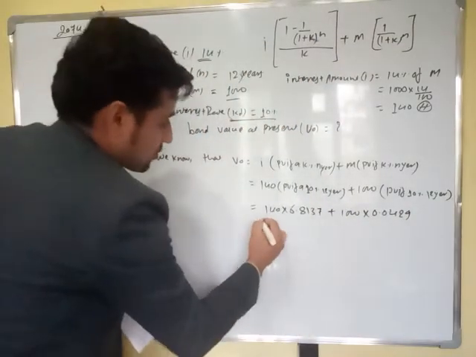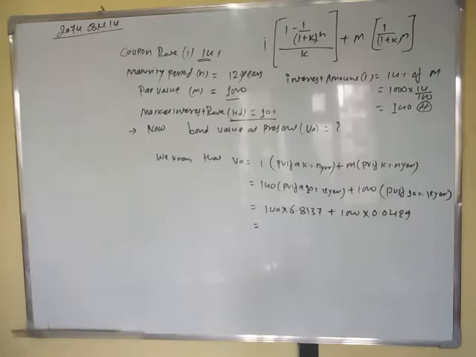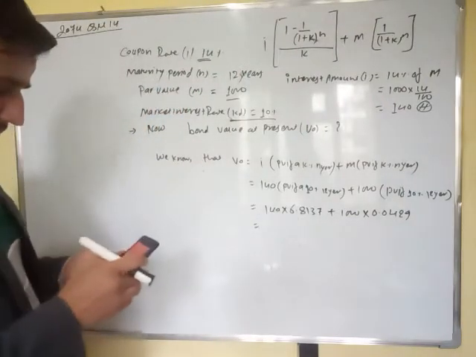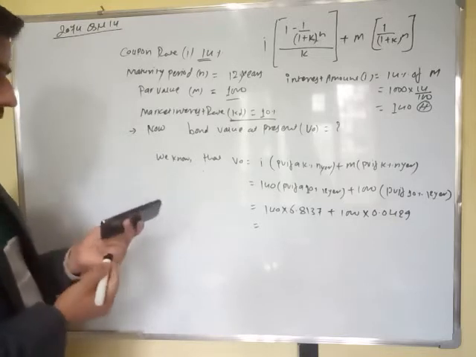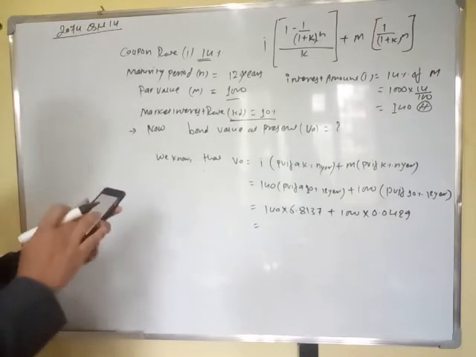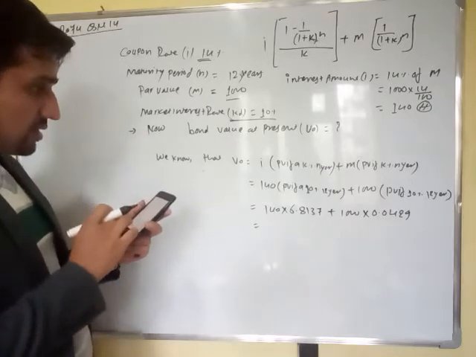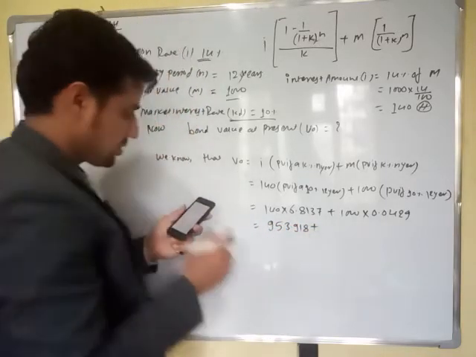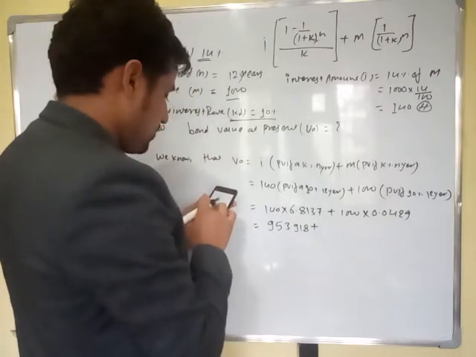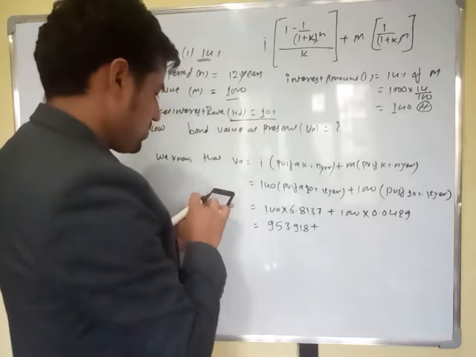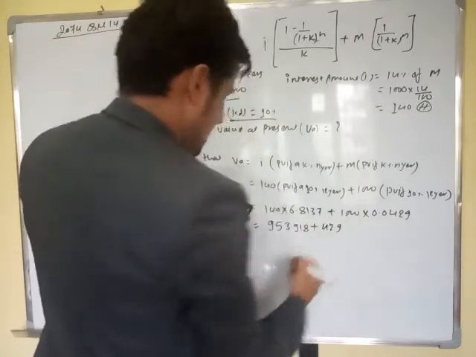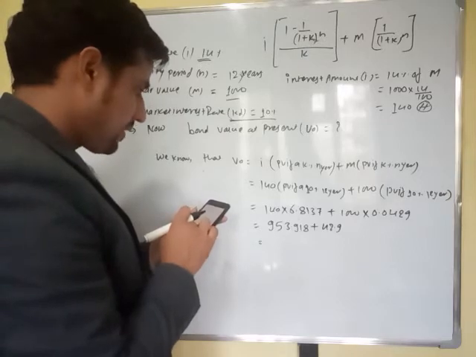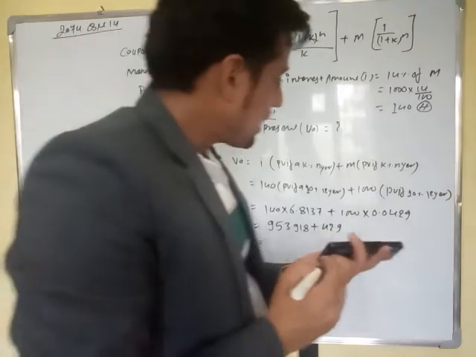Calculate quickly on your calculator, please. 140 into 6.8137 is 953.918, plus 0.0429 into 1000 is equal to 42.9. Okay, please add this information.